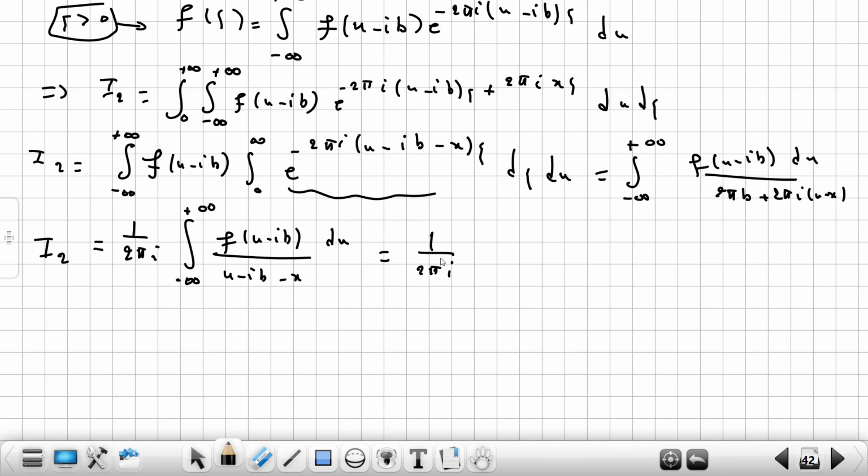This can be written as 1 over 2 pi i integral over L1 of f of rho over rho minus x d rho, where L1 is the real line, L1 is R shifted down by b.